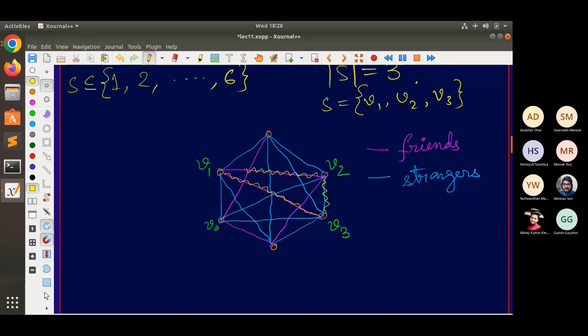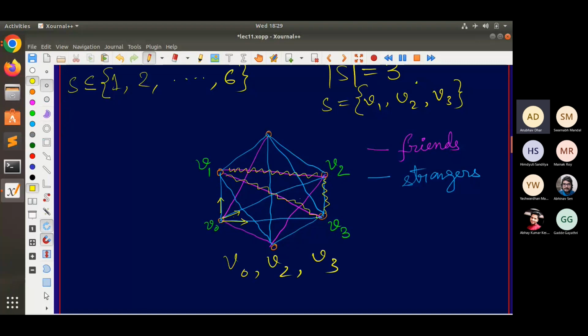If any one of those edges, V1V2, V2V3, or V1V3, is the same color as the edges from V0, then you will get a complete triangle with all edges of the same color.